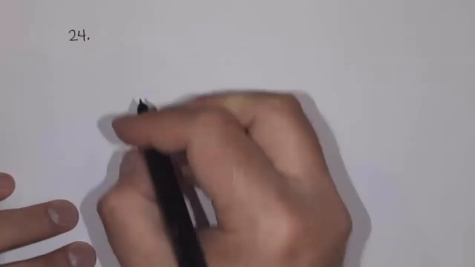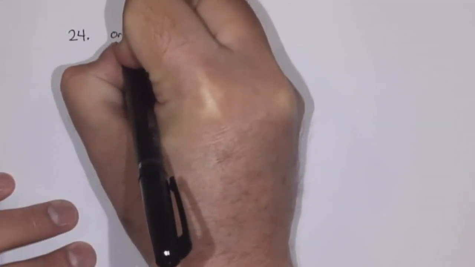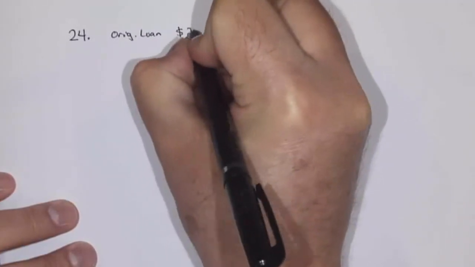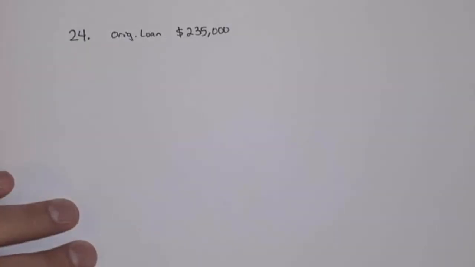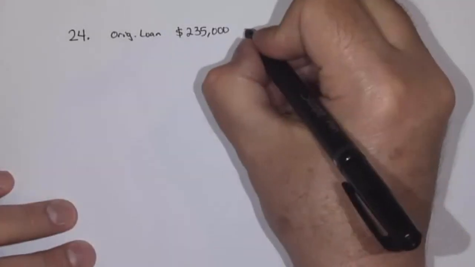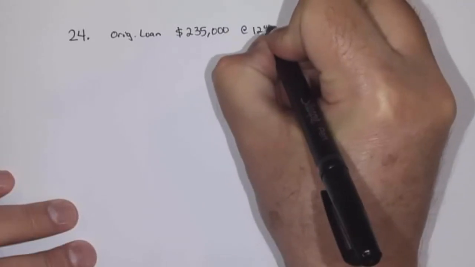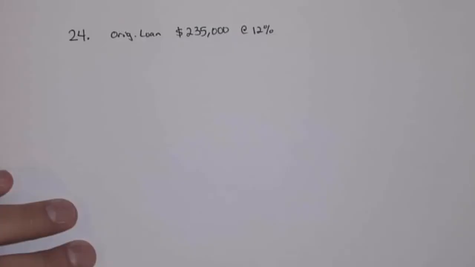So, number 24, again, we have a 10-year loan for $235,000. So our original loan is $235,000, and that was at an interest rate of 12%. And then after 6 years, we refinance.